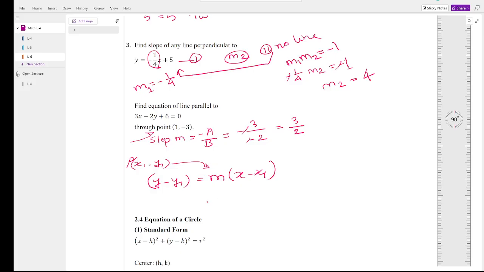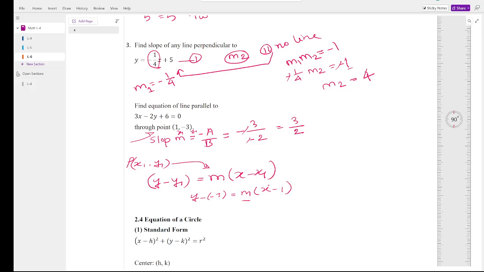Here this is x1, this is y1, so we can write y minus minus 3 equals m times (x minus 1). So this is the slope.